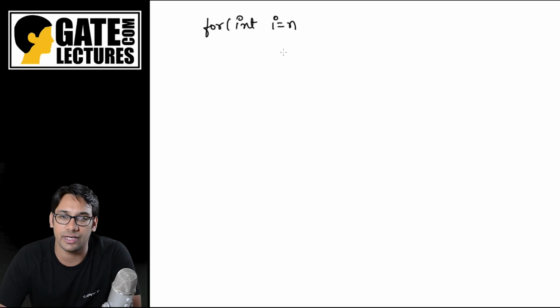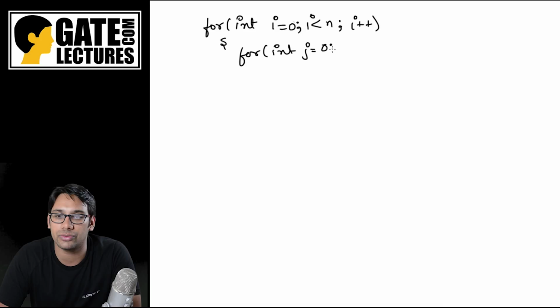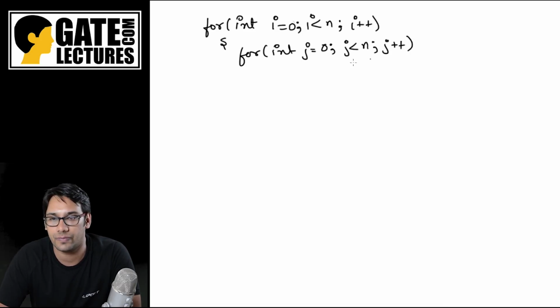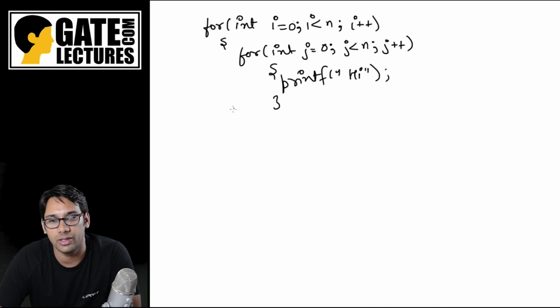Assume we are having this program. So this is for int i = 0, i < n, i++, and then we are having for int j = 0, j < n, j++, and then we are having a printf statement, printf hi, right?